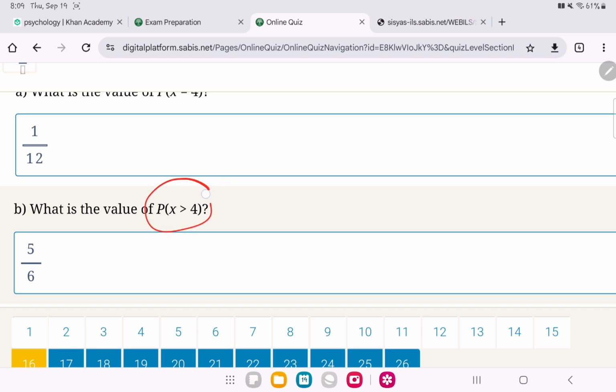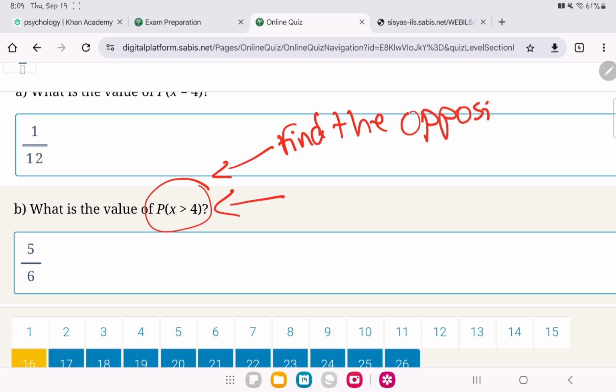Now this one, if we're gonna follow the way of solving this, it's gonna take too much time. So what do we do? We're gonna find the opposite, which is x is less than or equal to 4, so it's gonna be 2, 3, 4.